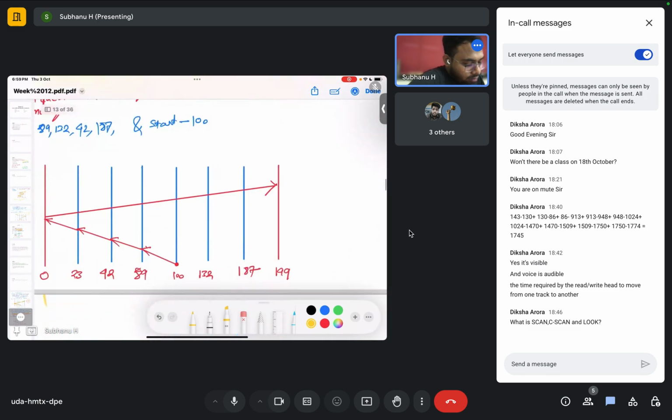This is the key step here. Then you can see that some requests are left.